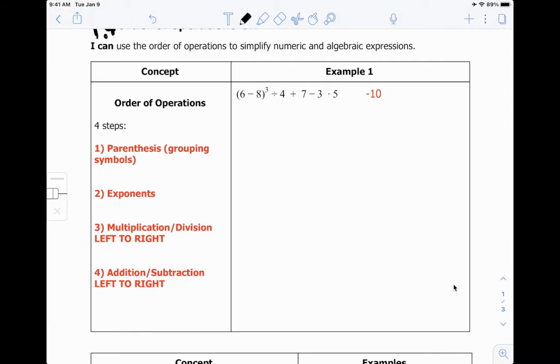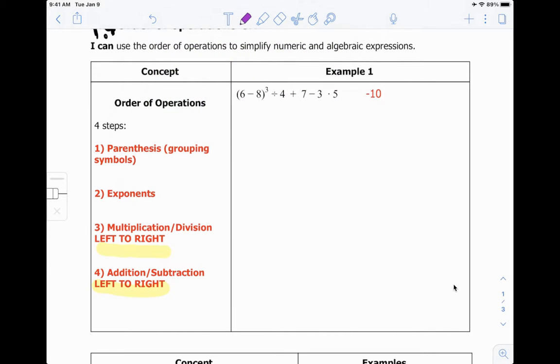We do our multiplication and division left to right, and that's really important because often students forget that left to right rule, and it's right there. We also do our addition and subtraction left to right, and that's why I say there are 4 steps. So the answer to this problem is -10, and let's see how we can get that answer.